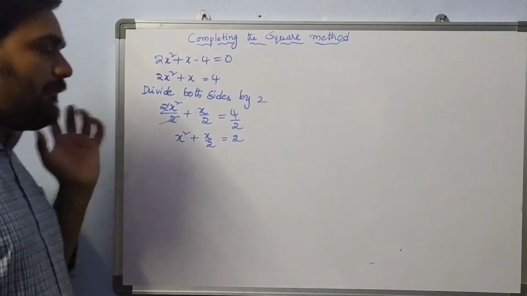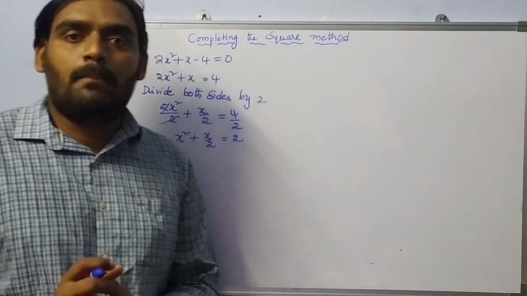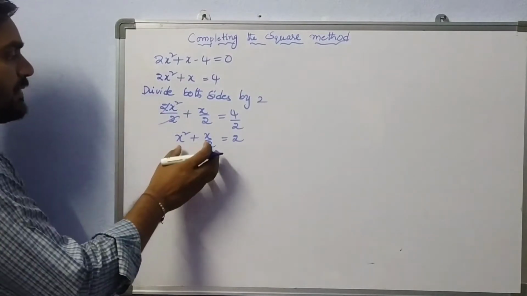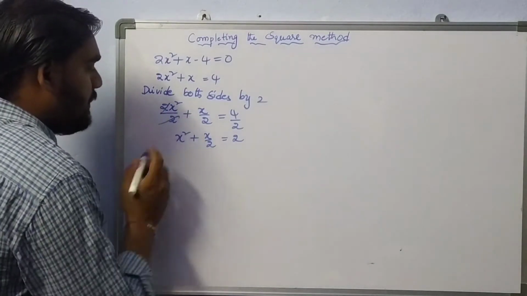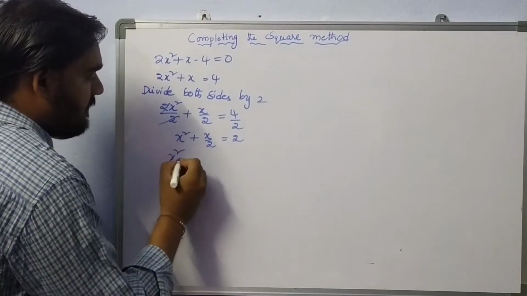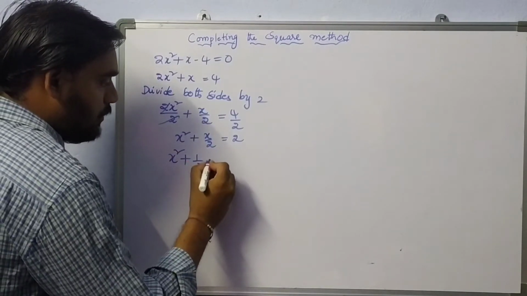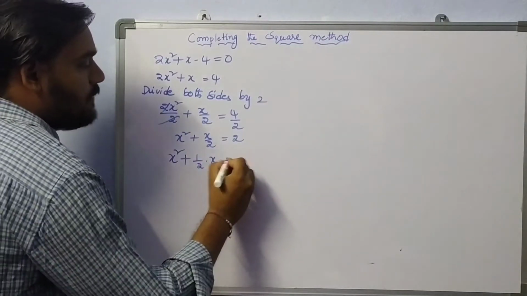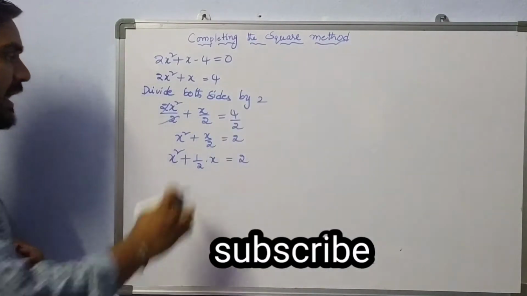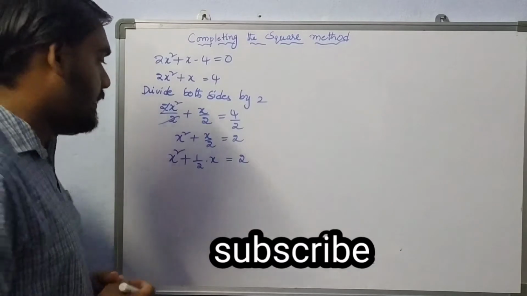See here, on the left hand side we need to get a perfect square. This can be written as x square plus 1 by 2 into x is equal to 2. Like that it can be written. x by 2 is nothing but 1 by 2 into x.